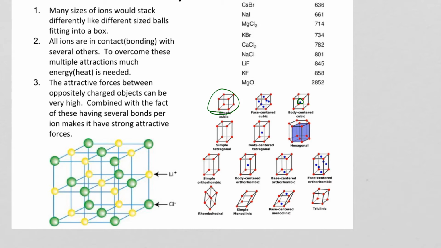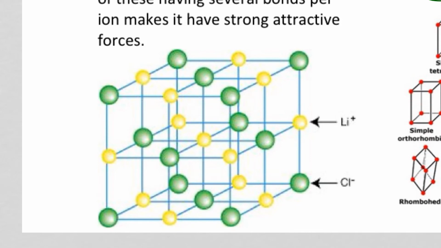Now secondly, high melting points. Take a look. We have the idea of all of these attractions. If this one that I circle in red wants to be freed, it needs to break 1, 2, 3, 4, 5, 6 bonds to actually be freed by itself.